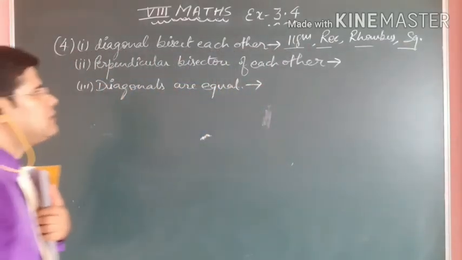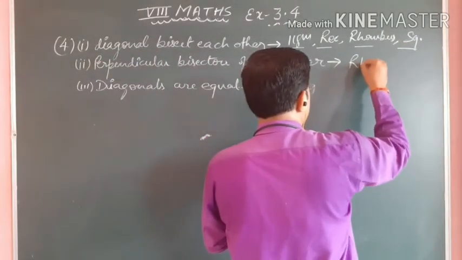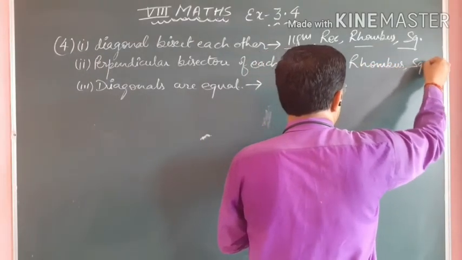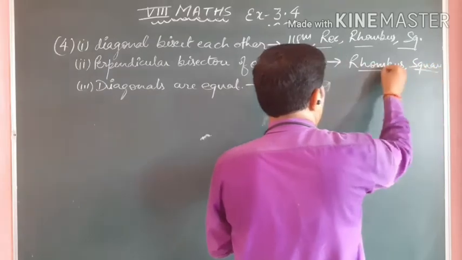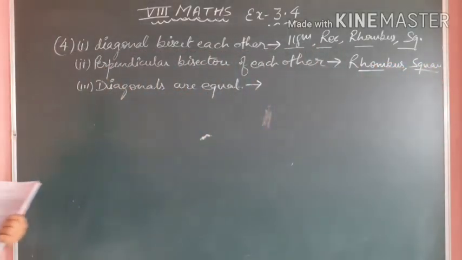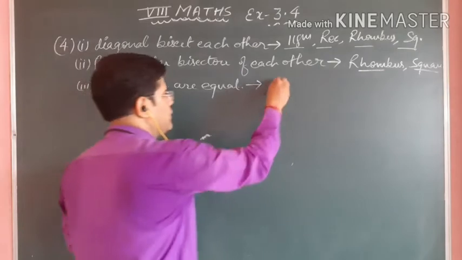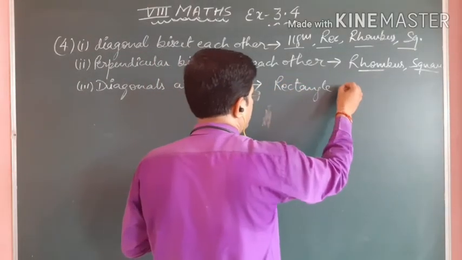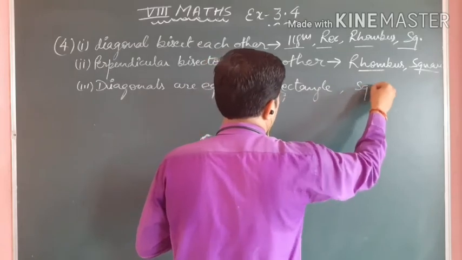Perpendicular bisectors of each other: rhombus and square. This is the property about diagonals, and diagonals are equal in two: the first one is rectangle and the second one is square.